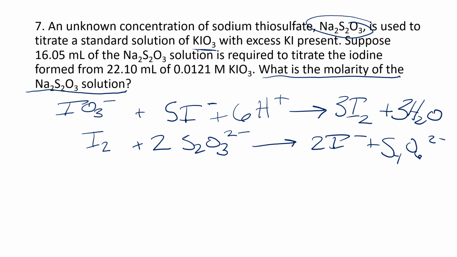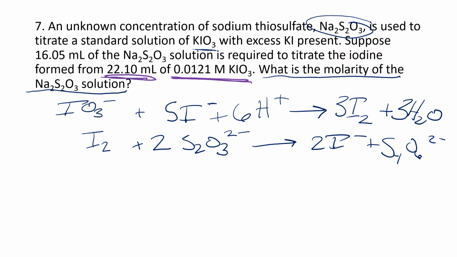Okay. Now we are looking for the unknown, but we do have the amount it took to titrate this. So let's start with what is known. I know that I have a concentration of 0.0121 molar KIO3.